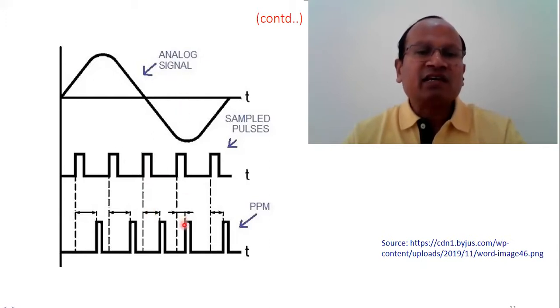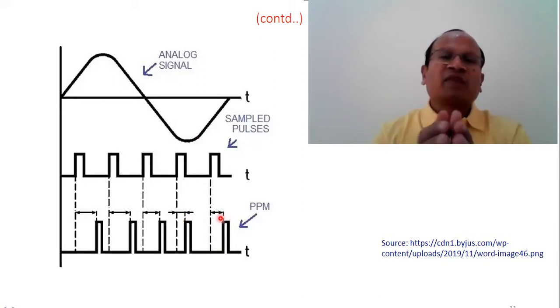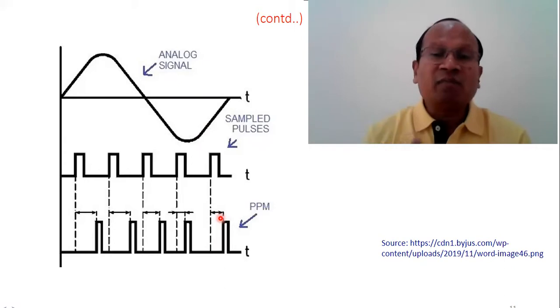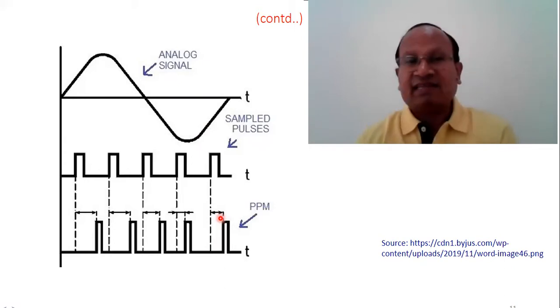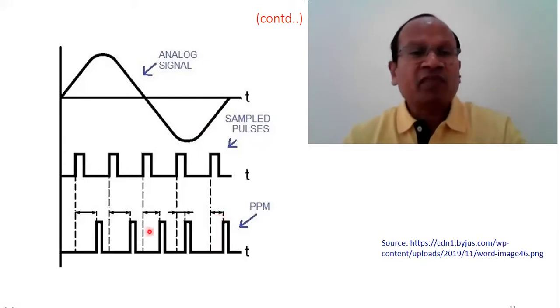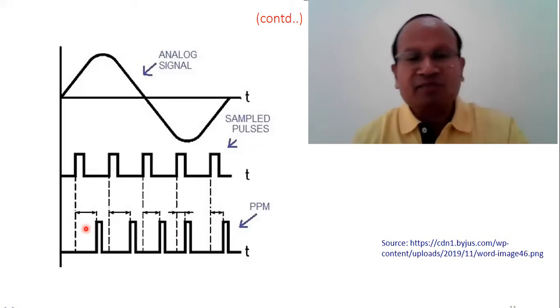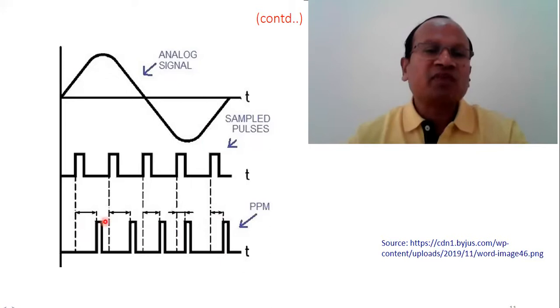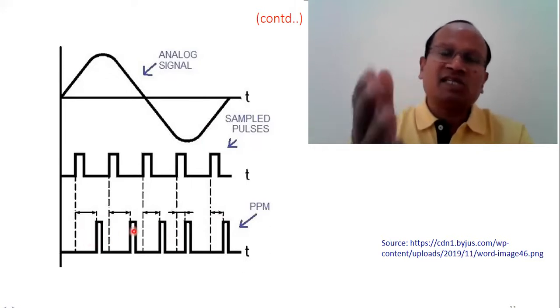Here it's further less, and here again the movement of position has increased. So we are not changing the width of the pulse, we are not changing the amplitude of the pulse, but the pulse position is changing.